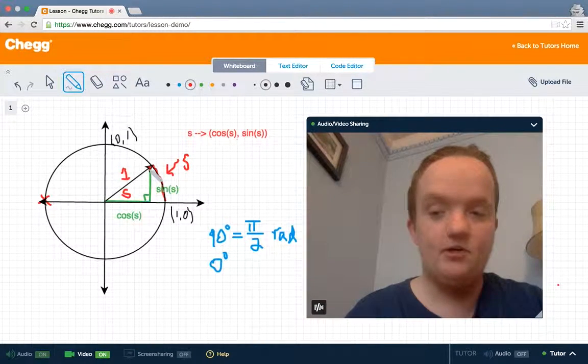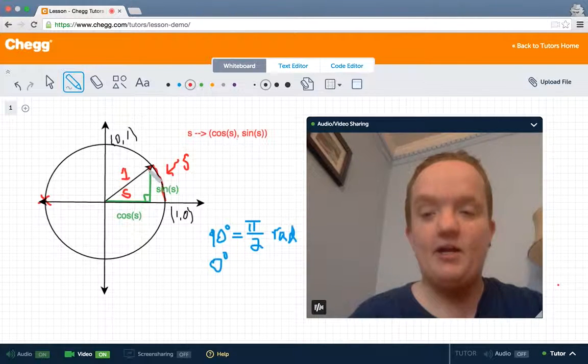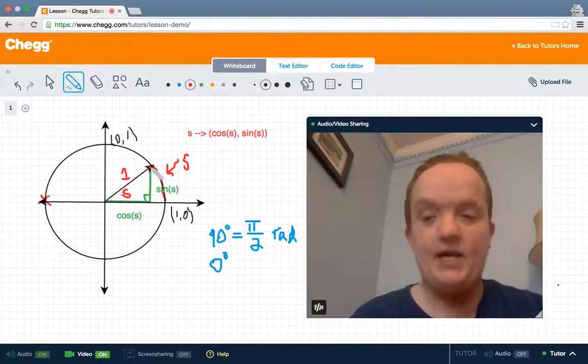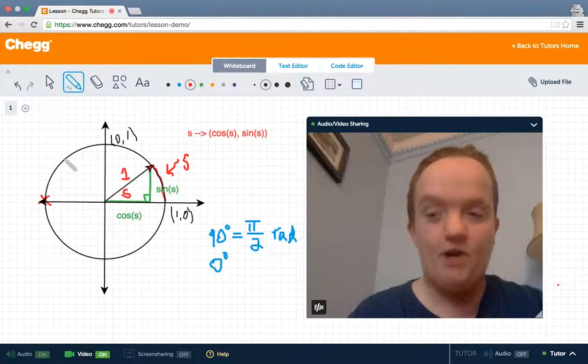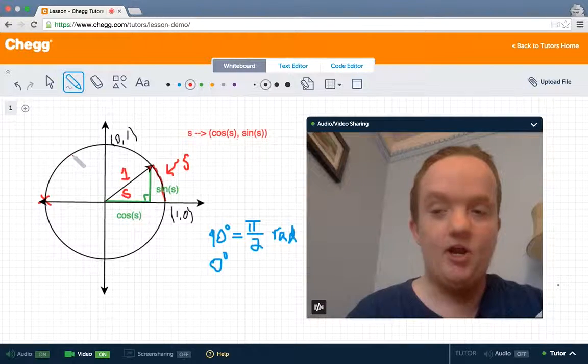Now we can define the point on the unit circle that corresponds to any given real number by saying, if I have a number that's greater than pi over 2, the cosine of that number is the x-coordinate of the point on the unit circle that it corresponds to, and the sine of that number is simply the y-coordinate.